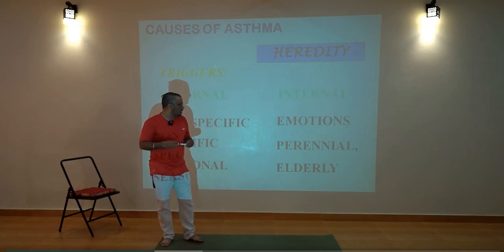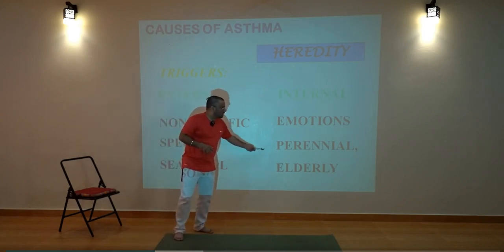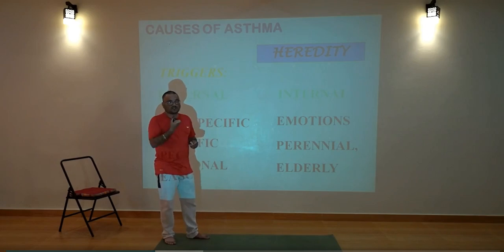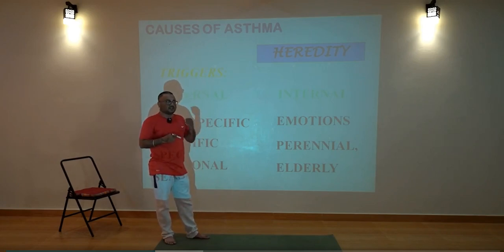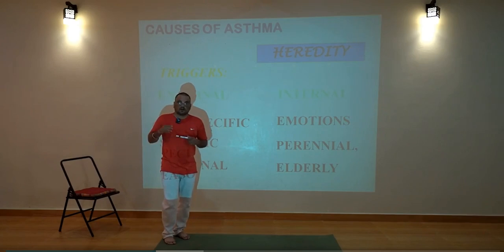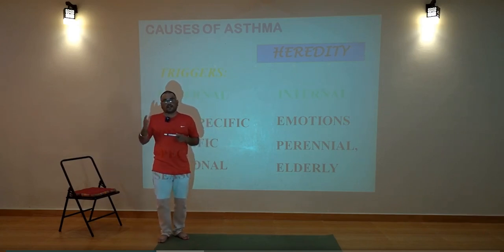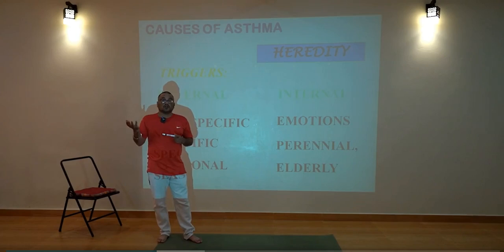Sometimes it is perennial, like a running nose and constriction of the nose, sneezing, coughing, and in the elderly also. As we know, as we get elder, in advanced age our breathing pattern, the respiratory rate, becomes higher.